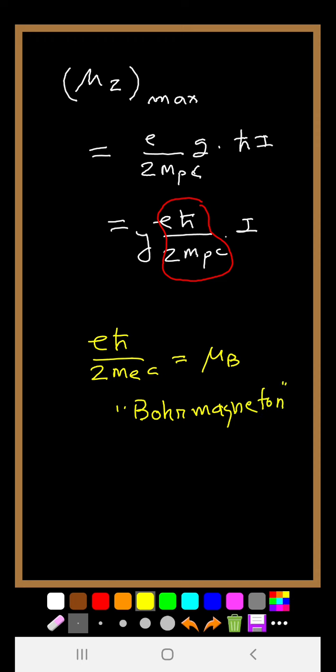Similar to that, this is mu n, called the nuclear magneton.